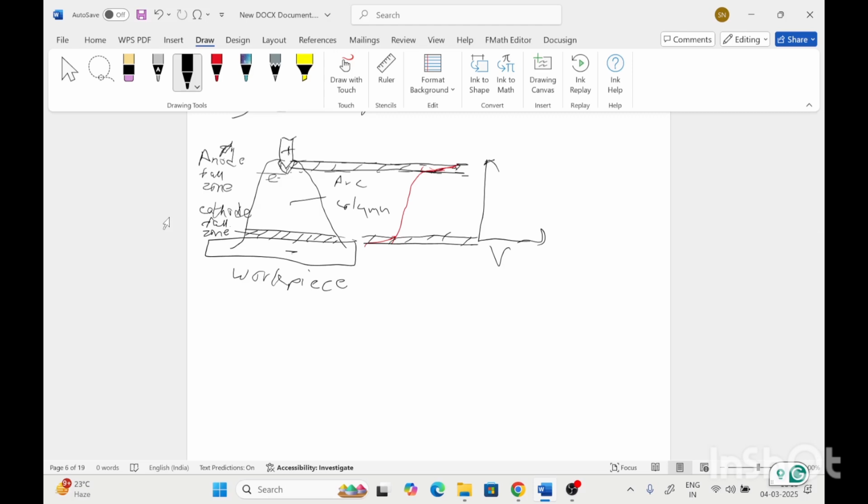There are three regions: the anode pole zone, the cathode pole zone, and the arc column, and all three regions have different heat accumulation. We know that heat is transferred with the help of charge carriers, which can be electrons and positive ions.